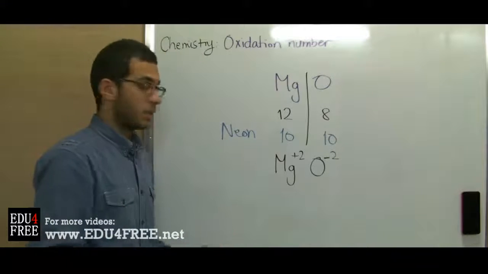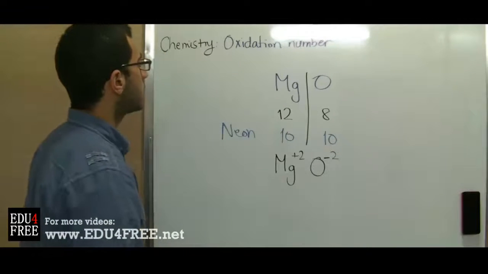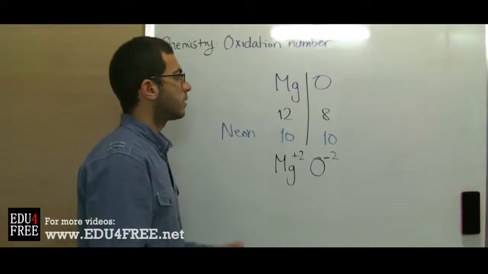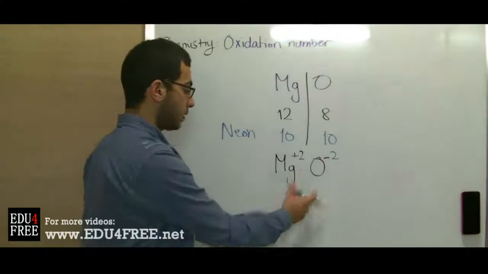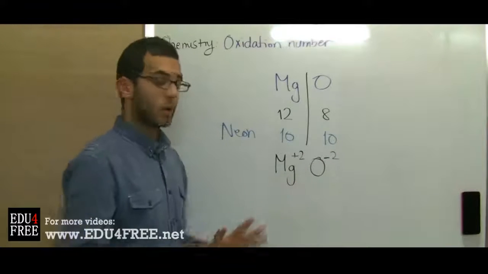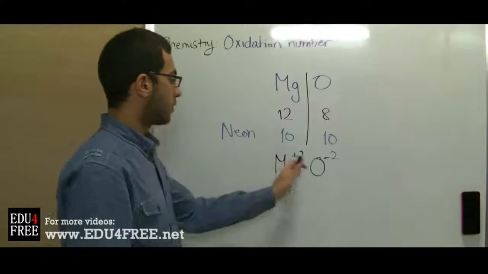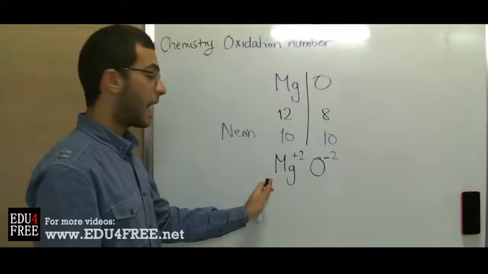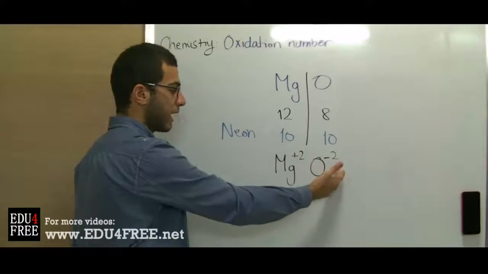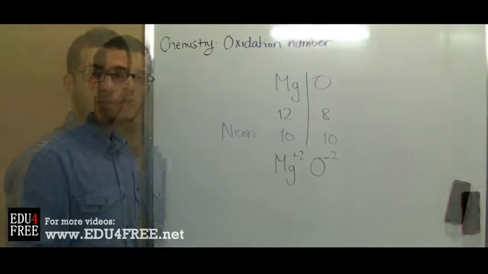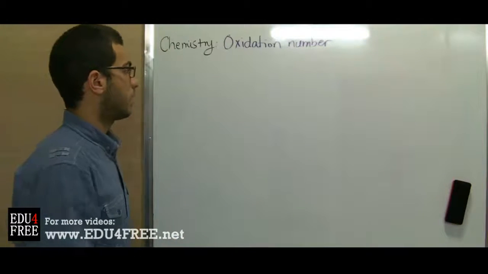This is the oxidation number. The oxidation number is the number that refers to the charge of the atom inside a compound, if it was ionic or covalent, to show the positive or negative charge of the atom with the number of electrons lost or gained by this atom.